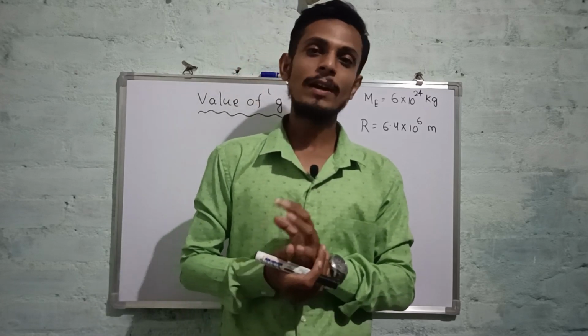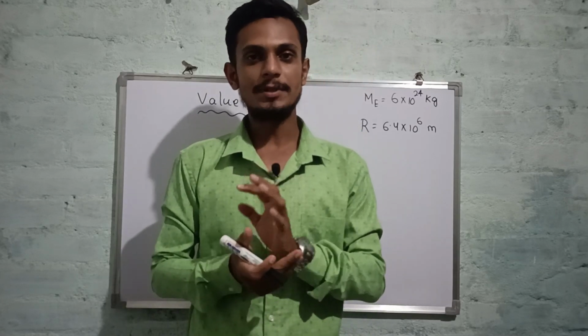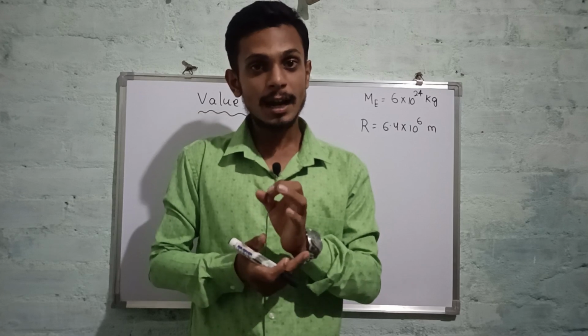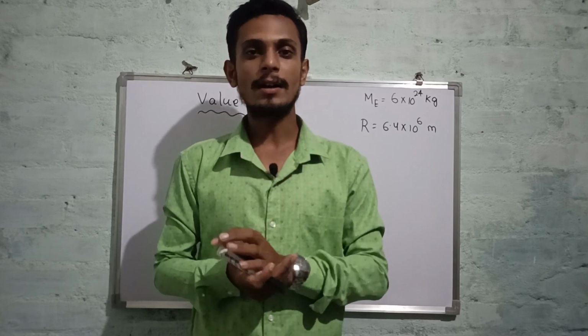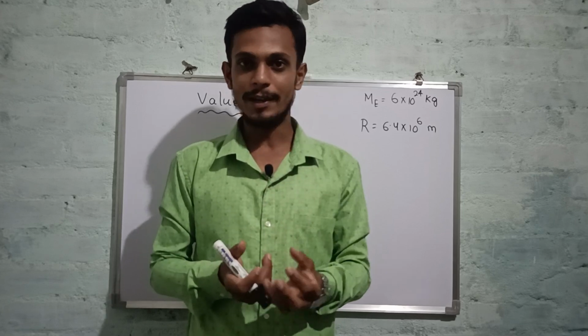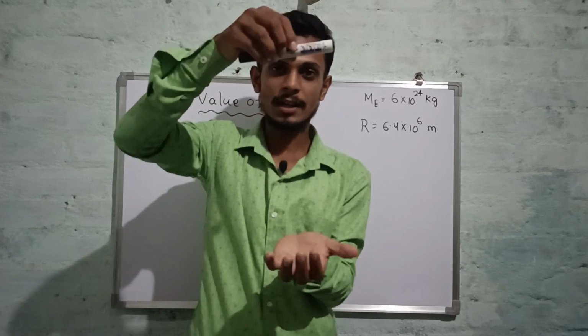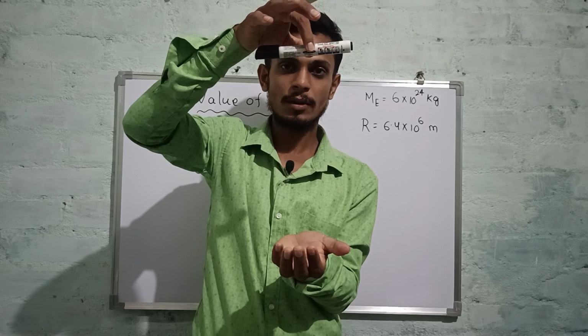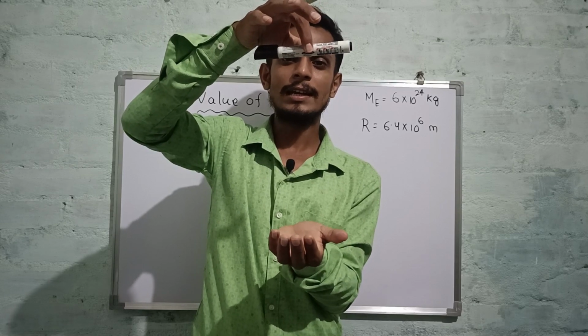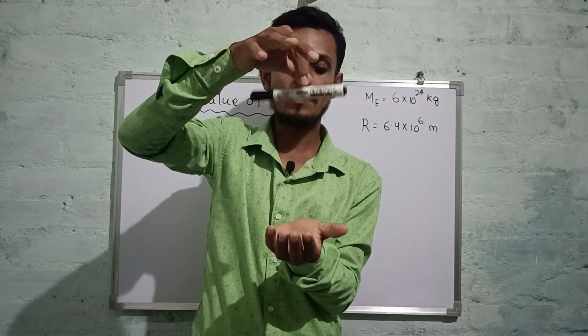Okay, so what is free fall? If an object attracts towards the center of earth with the force of gravity. Suppose this is an object, I just freely release that object to my palm.